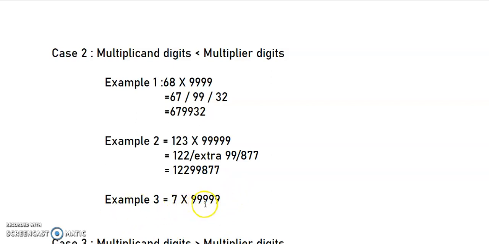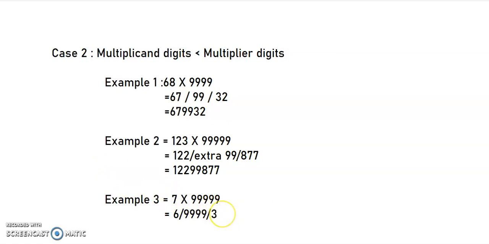We will do 7 multiplied by 5 nines. See what we will do. Simply, first 7 minus 1 is 6, and the extra nines are 4, so I am writing 4 nines. The complement of 7 is only one digit: 10 minus 7 is 3.